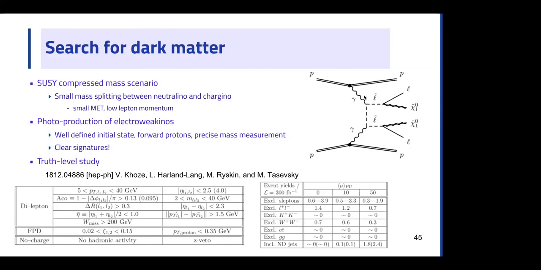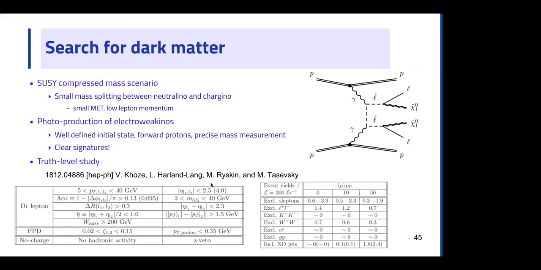So we would have a decay of this chargino to a lepton and a neutralino, and this would be characterized by very low transverse momentum, and very low missing ET also. Therefore, the events are very challenging with the central detector, but they can be done with the forward proton tagging.